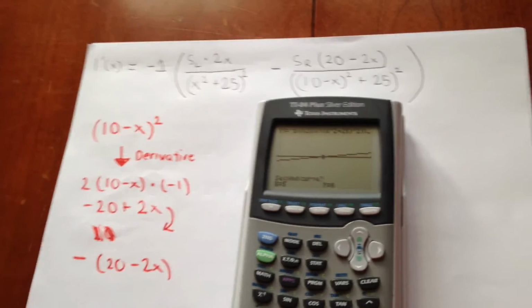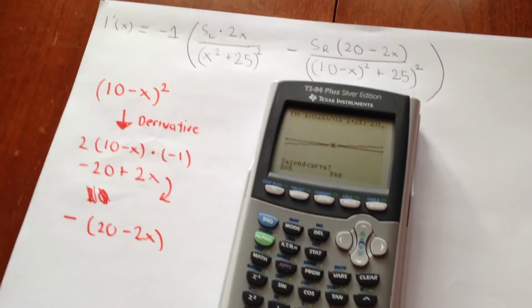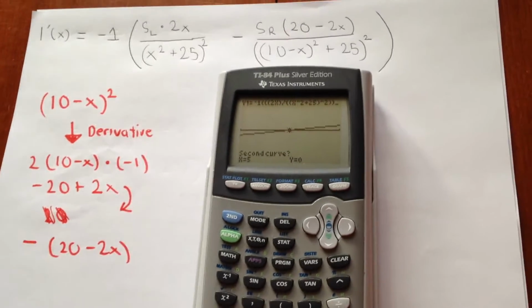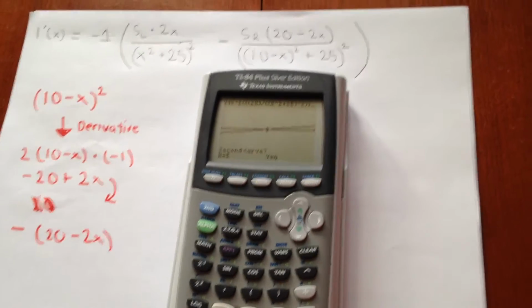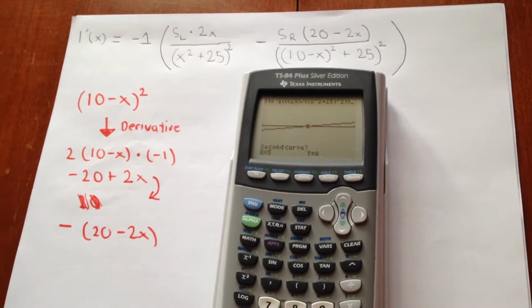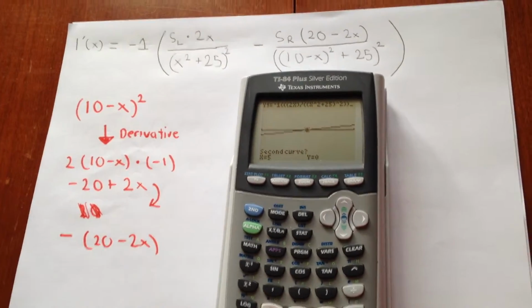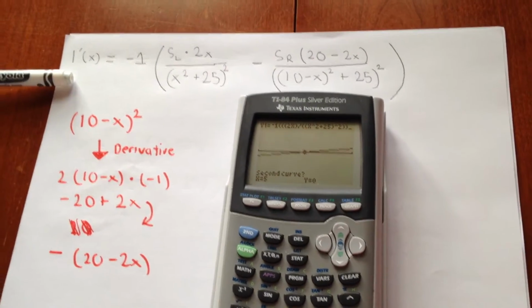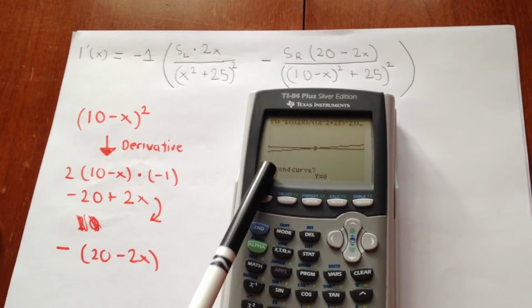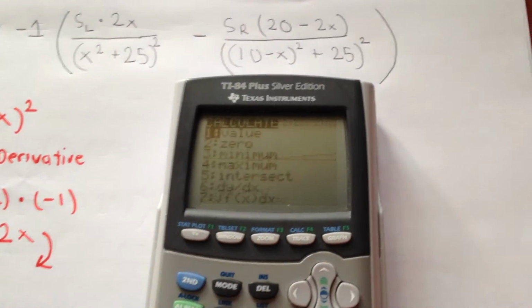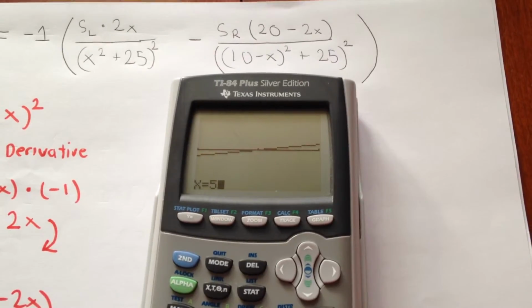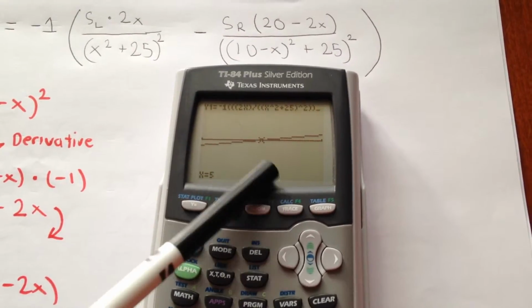So, if D equals 5 meters, the graph of L of x and L prime of x show that the intensity is minimized when x equals 5. That is, when P is at the midpoint of L. So, when we plug in our derivative, L prime of x, we get a graph that looks something like this. We calculate the value at x equals 5, and it is 0.